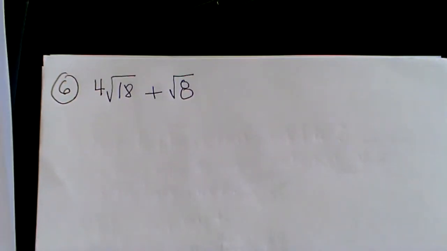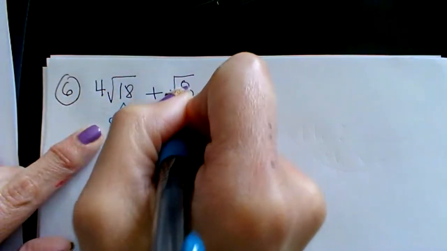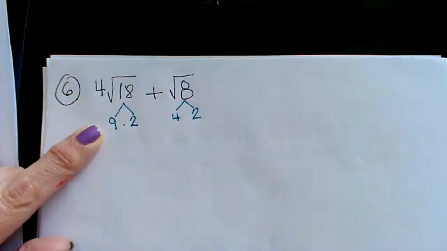Now, so what do we do here? What are the factors of 18? How do we divide 18 into two numbers, two factors? One of them is going to be the square, which is 9, and the other one is going to be the one that is left. The same here. What's the square? 4. And what's the one that is left? 2.